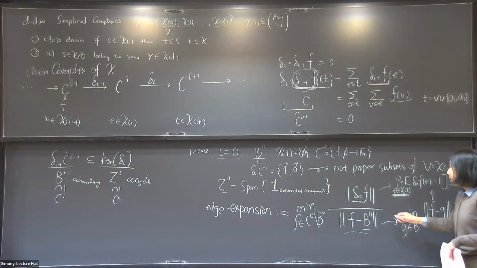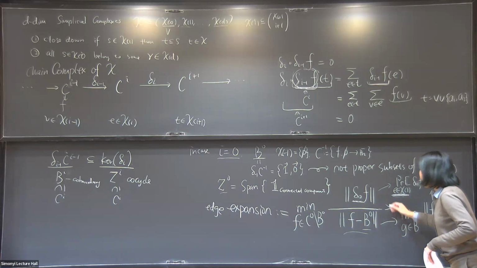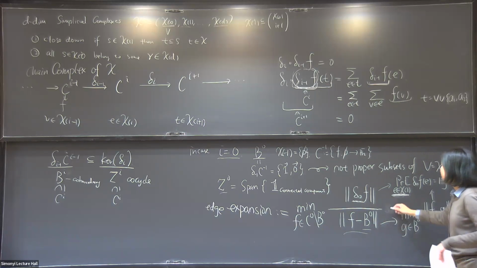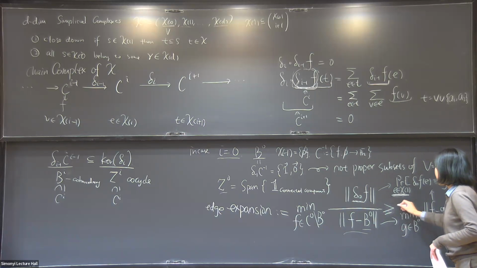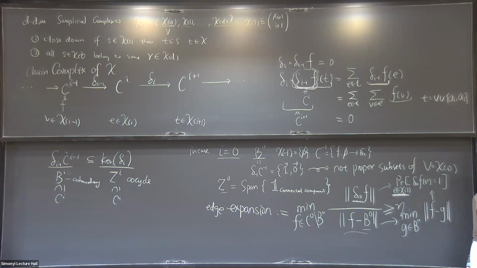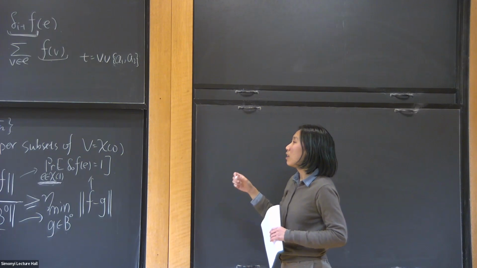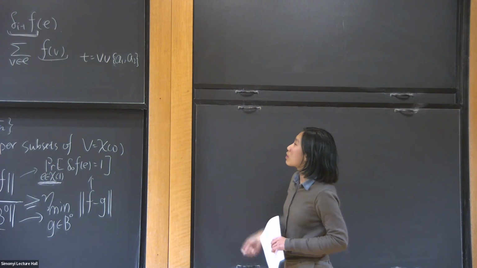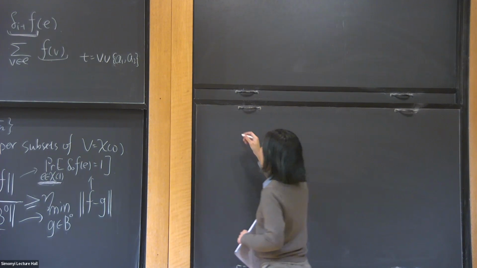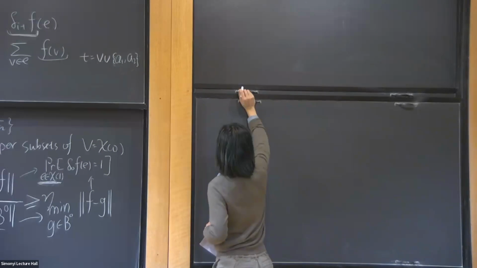Okay, so we see that this is exactly like edge expansion. We have edge expansion if this is strictly greater than some constant eta. So this is the definition of edge expansion under this set of notations. And now we're going to generalize it to general d-dimensional simplicial complexes, and we'll give it a different name.